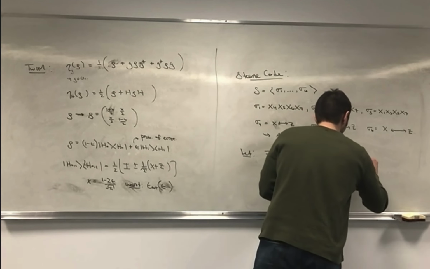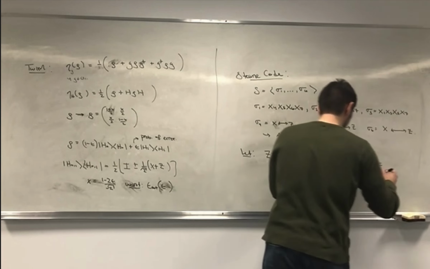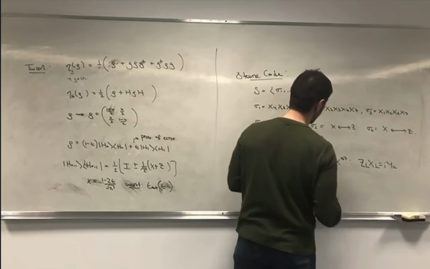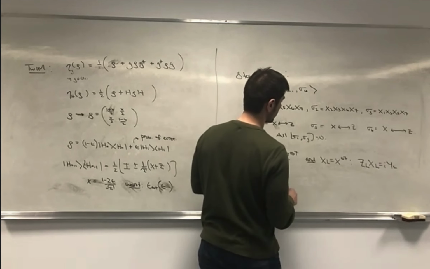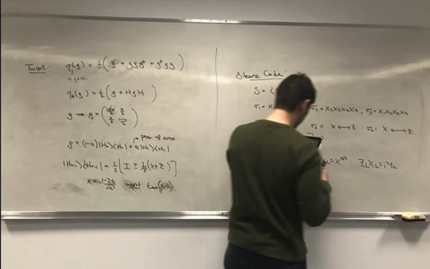And we have that Z_L X_L equals i Y_L. So you have that these logical Paulis satisfy all the right algebraic relationships for single qubit Paulis.